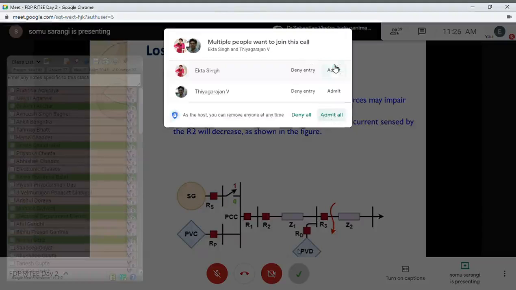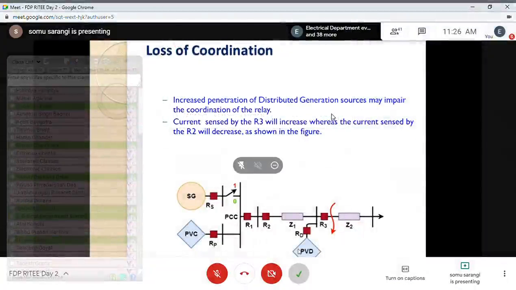One is at a higher voltage level with higher power capacity, connected to the bus, which is called central PV. Small PV connected to the buses in the distribution system is called distributed PV.